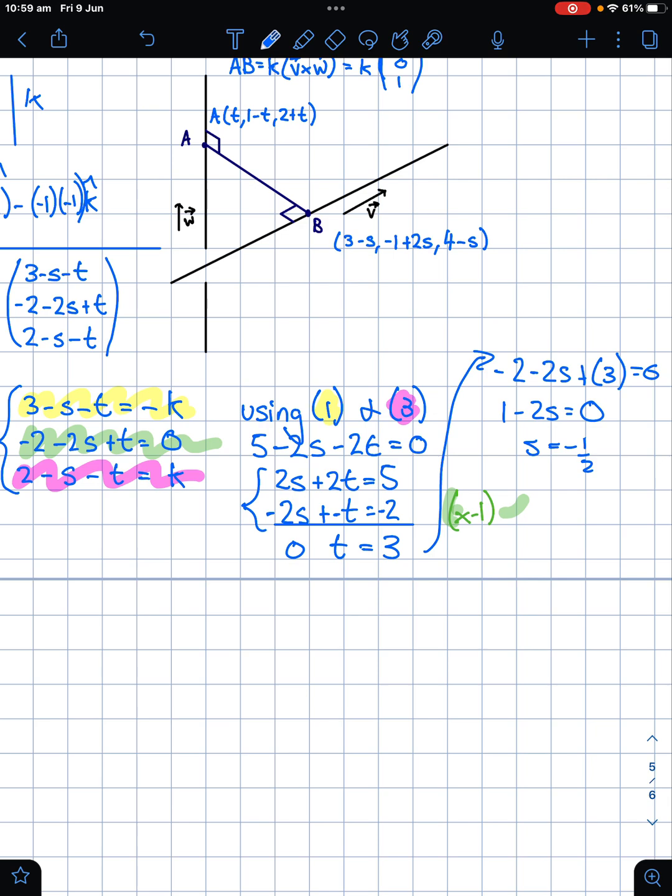Why have I got that as negative a half? Negative 2 plus 2s plus 3. 1 take 2s equals 0, which is correct.